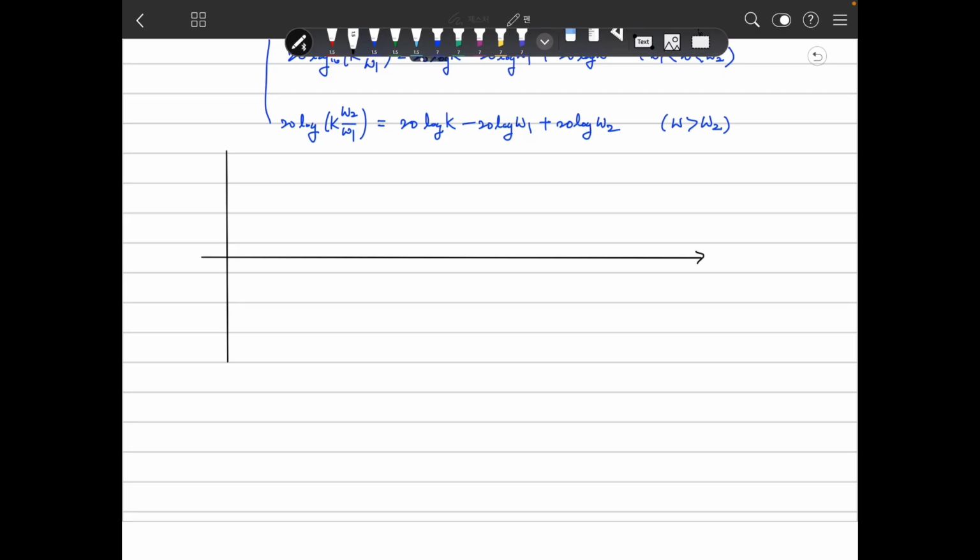Here, the axis is actually not omega; it's log omega. Right here, and we define this is log omega 1.